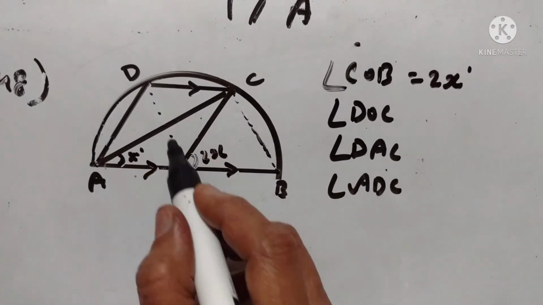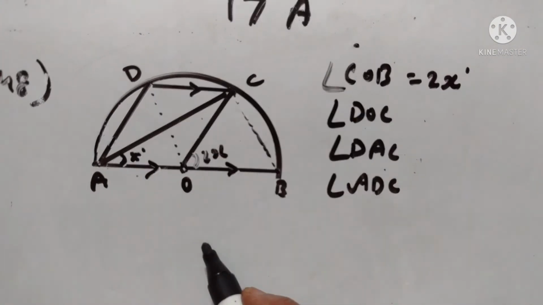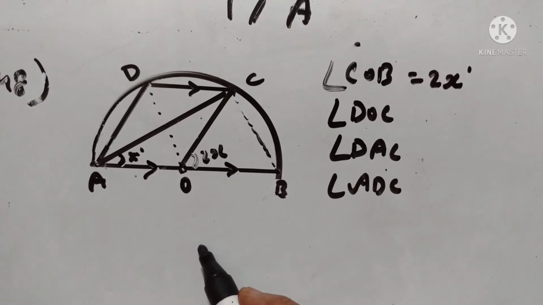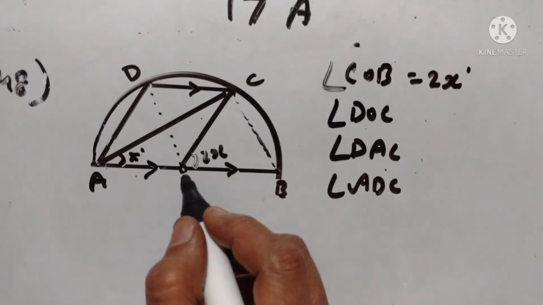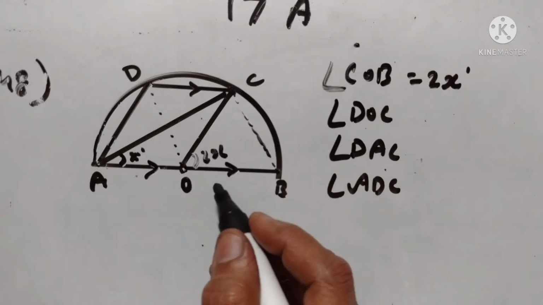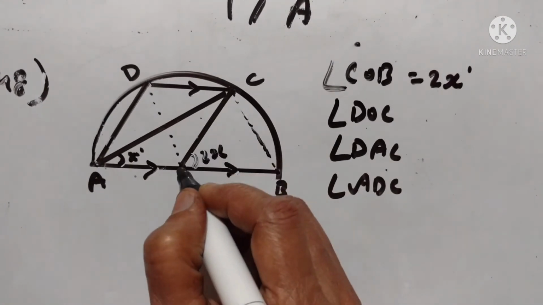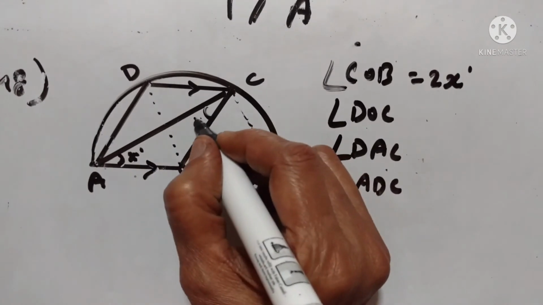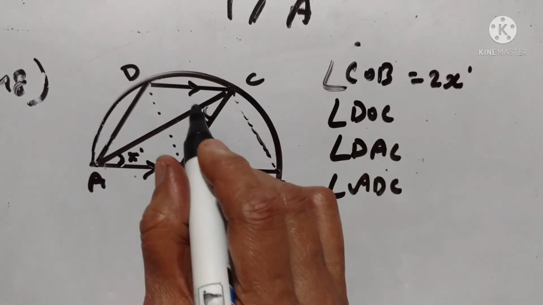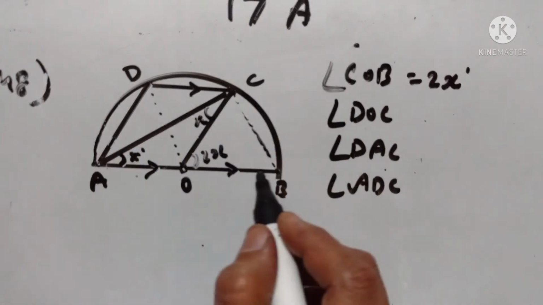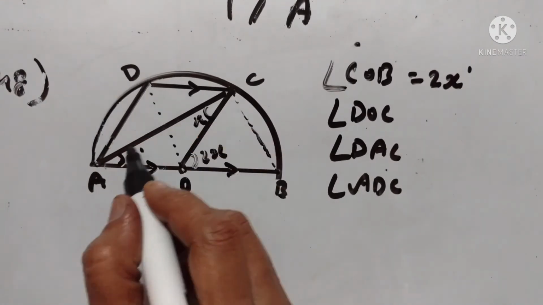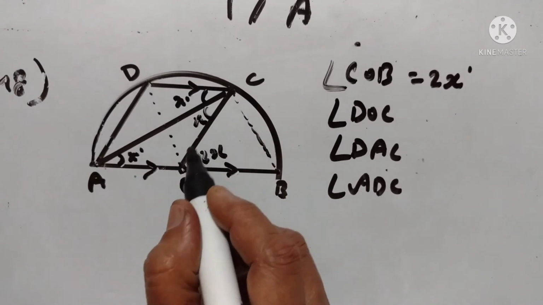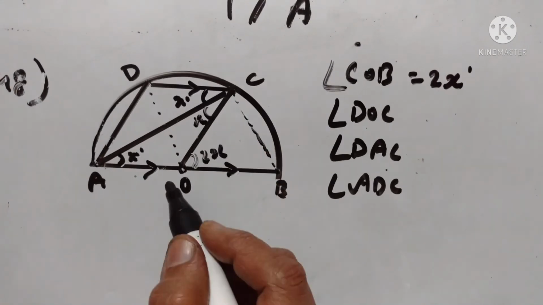Now angle DOC. OA is equal to OC, radii of this circle. Therefore triangle OAC is an isosceles triangle. Angle OCA is equal to x. Since DC is parallel to AB, the alternate angles are equal. Therefore angle DCA is equal to angle CAB.